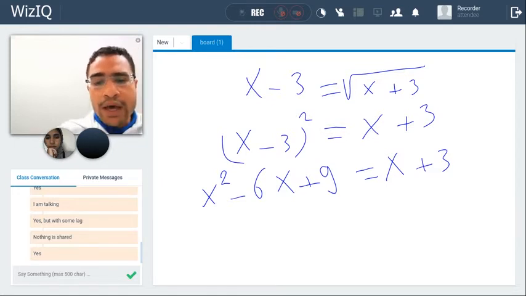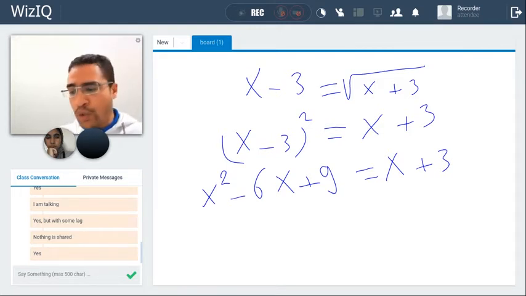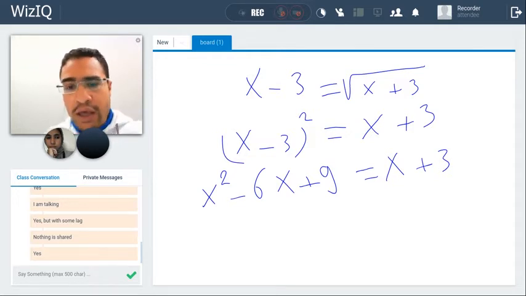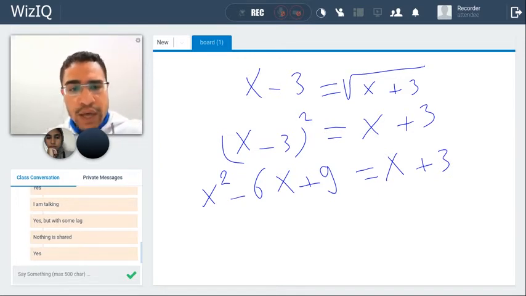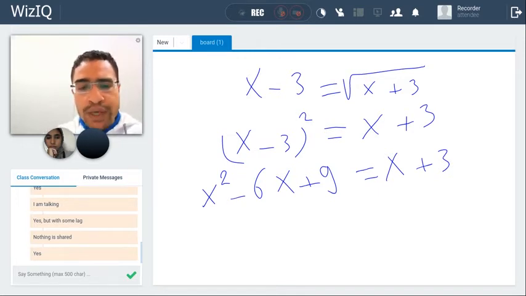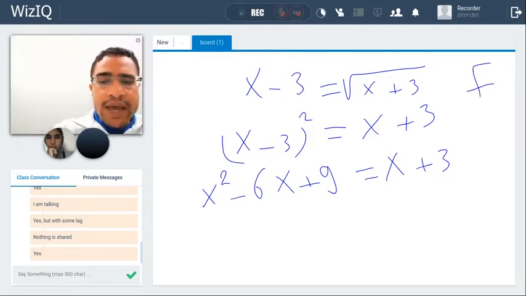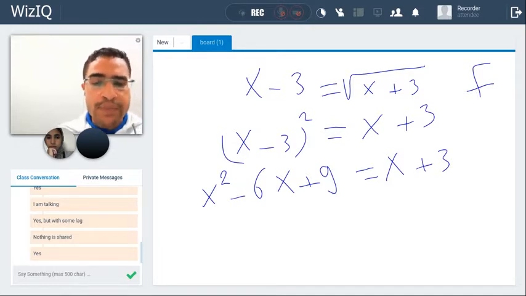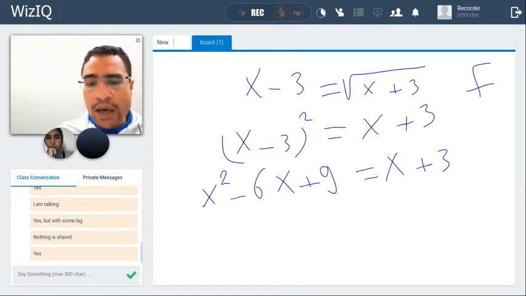So a simple way to understand this is x minus 3 squared would be x minus 3 multiplied by x minus 3, and then you multiply the first one, okay? So that would be x squared, and then the last one, and then both of them in the middle, right? So that would be x squared minus 6x plus 9 equals x plus 3.